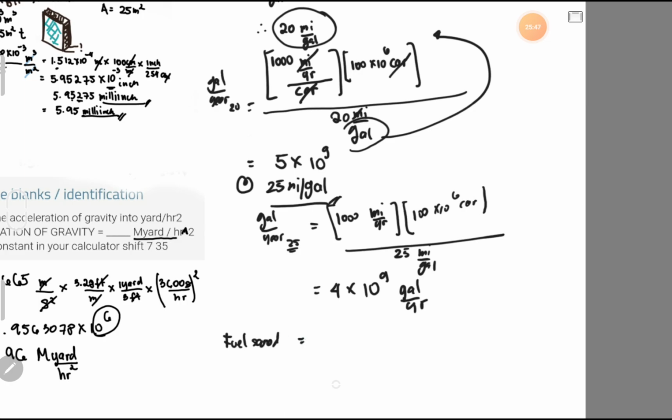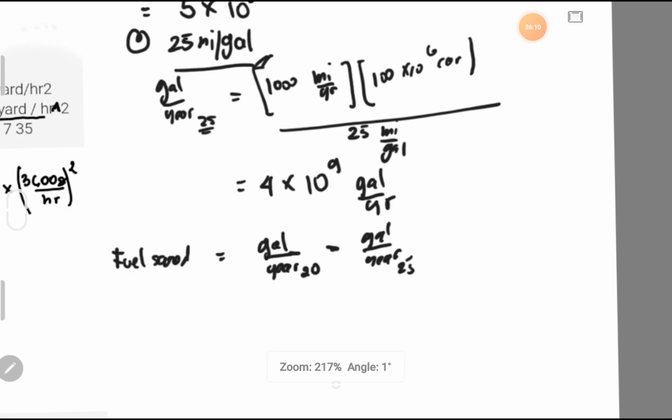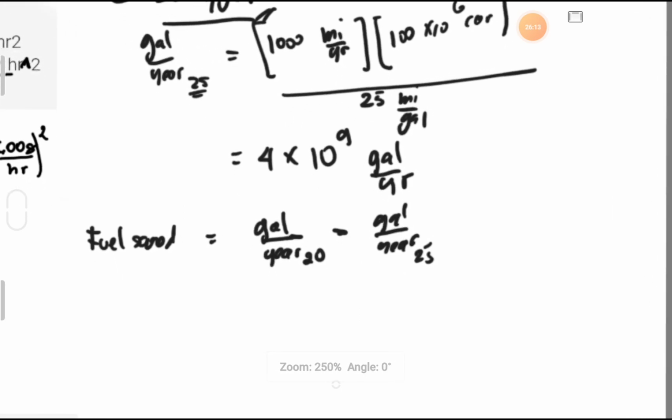So we have gallon per year, kung ano yung dati nating efficiency, less gallon per year dun sa bago nating efficiency. Kung may masave ba tayo, pag may nasave tayo, it means positive yan. Pero pag negative yan, wala tayong na-save, okay? So we have 5 times 10 raised to 9 less 4 times 10 raised to 9.